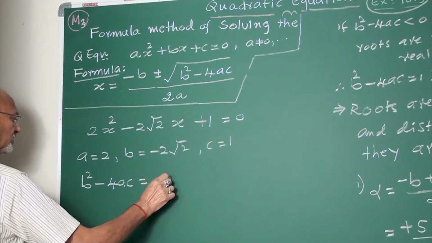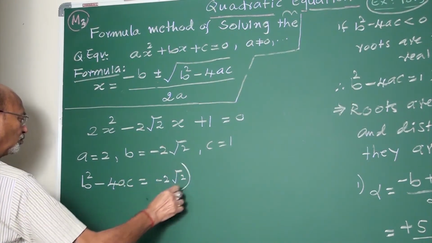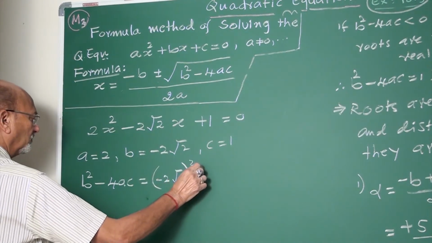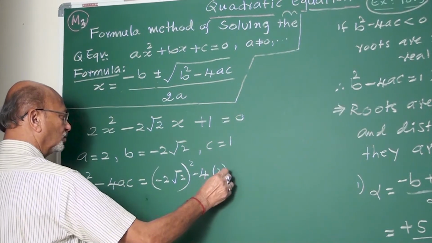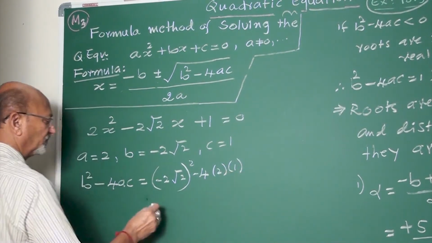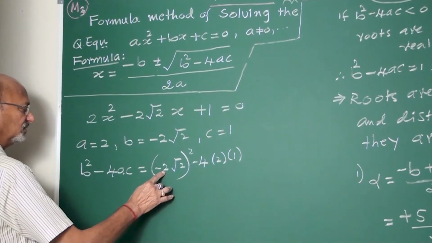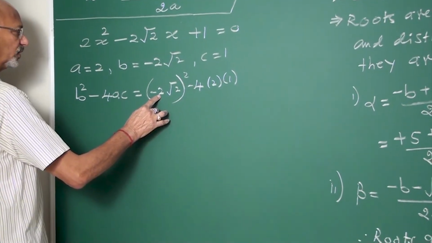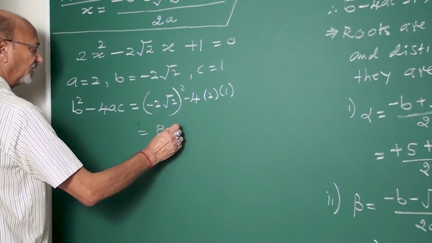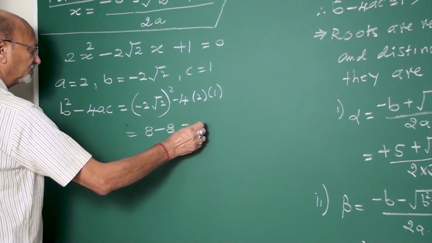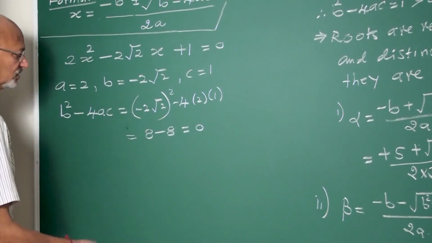B square, minus 2 root 2 the whole square, minus 4AC, A is 2, C is 1. Simplify it. 2 square, 4 into 2 is 8, minus 8. What is 8 minus 8? It is 0.